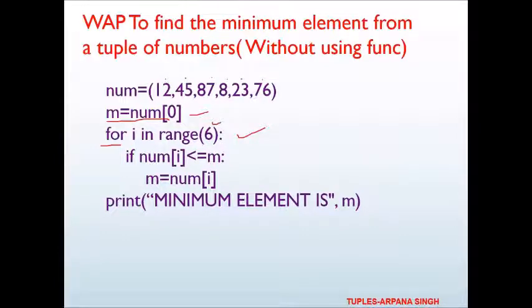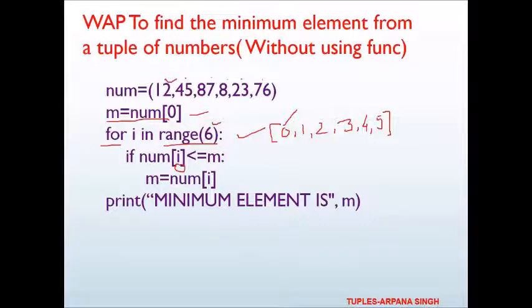If you write range 6, what type of list is created? Range 6 will be replaced by 0, 1, 2, 3, 4 and 5. So this whole range function will be replaced by this. And how will for work? i will pick up the first element from this. When i is 0, it will be replaced by 0, and num0 means 12.